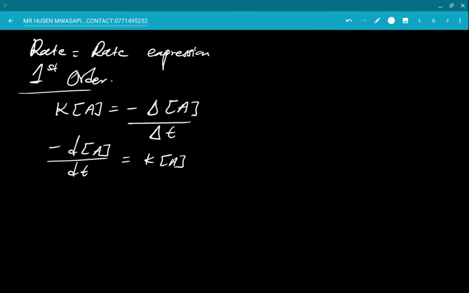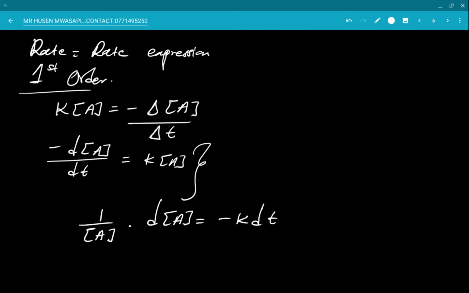Upon doing this, we can easily manipulate this part. If we manipulate it, we end up with 1 over concentration A times d[A] being equal to minus k dt, if we cross multiply here.